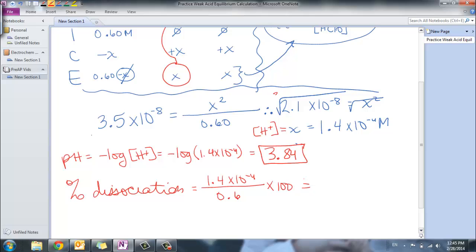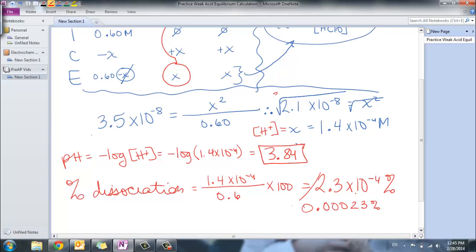So 1.4 times 10 to the negative 4 divided by 0.6, and don't forget to multiply by 100. We get a very, very small amount, 2.3 times 10 to the negative 4 percent. If you didn't want to write it in scientific notation, that would be 0.00023%. So whichever way you want to write it is acceptable.